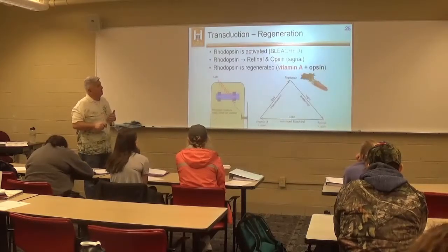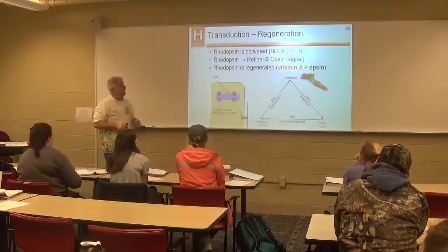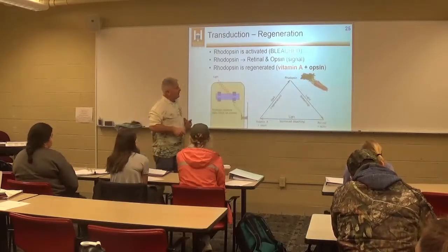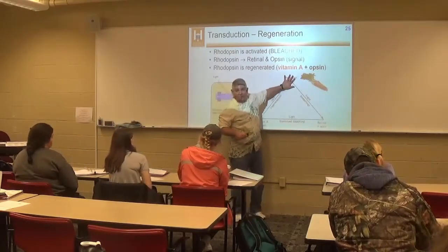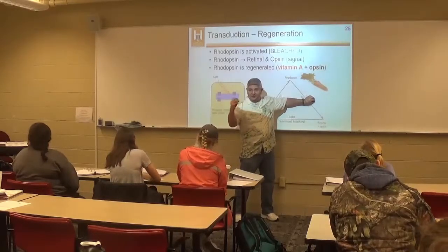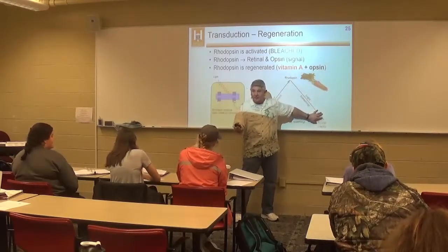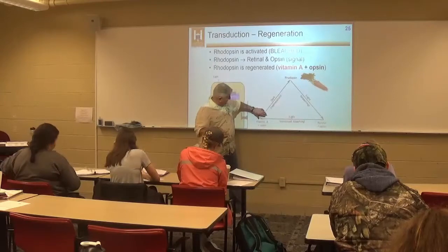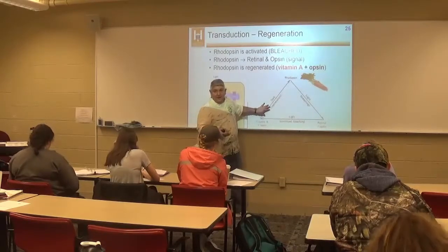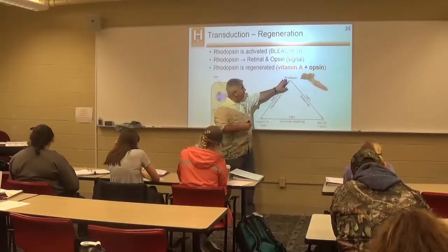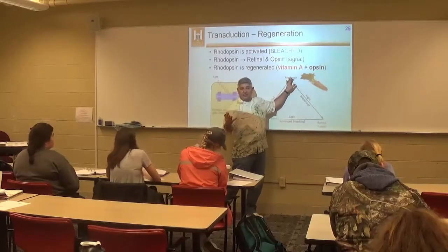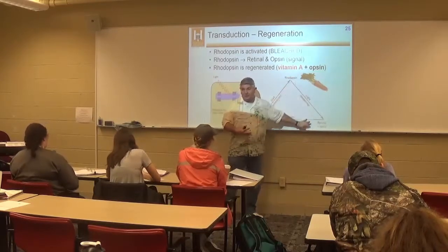So rhodopsin's made from two chemicals, retinol and opsin. And so we have this process of rhodopsin. When light hits it, it activates it. The signal gets released. Now it's useless. We have to then rebuild it with vitamin A and opsin. They come together and make a new rhodopsin molecule that's available now for light to hit it and be bleached again.